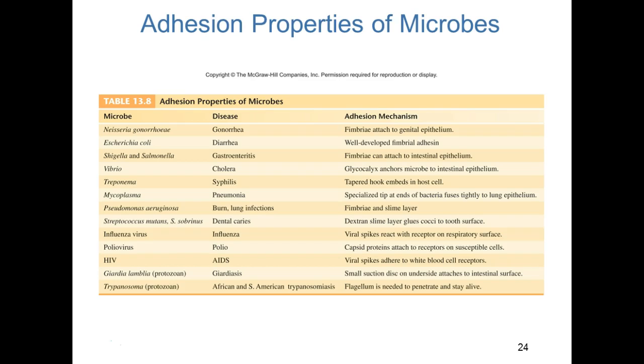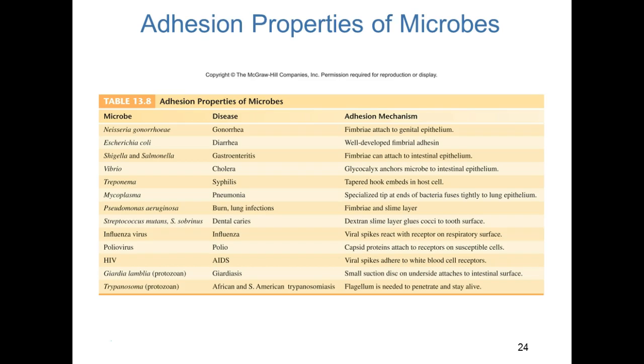I mentioned before that microorganisms have to have a mechanism by which they can attach to surfaces because there's typically some type of fluid that washes over those surfaces that would wash the microbe away. In Module 2, we'll see a number of different tactics that microorganisms can use, but you've already learned about fimbriae.